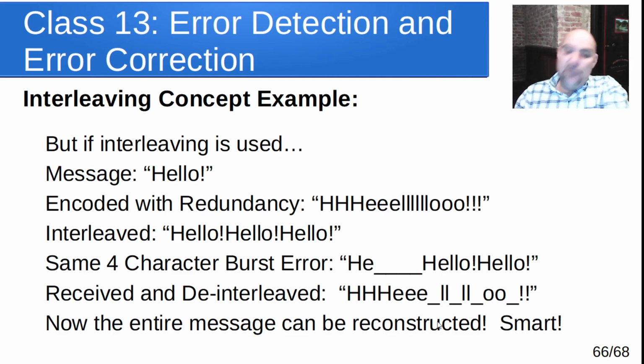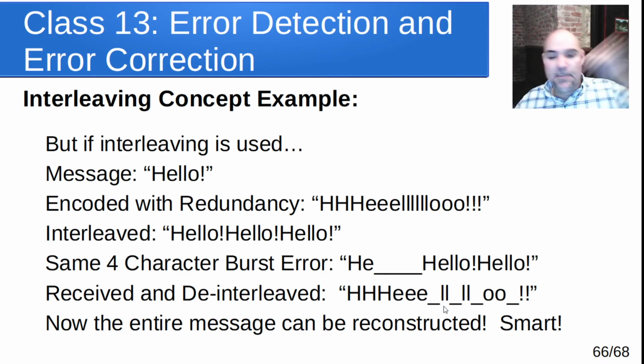And that's especially useful for wireless things where there might be a burst of noise that happens from a spark or lightning, and that would wipe out a block of data that's contiguous, like we have here. But by interleaving it, you spread out the redundant parts of it and put different parts of the message in such a way that it only affects things that are far apart in that de-interleave code, which can be really useful. Also very smart.